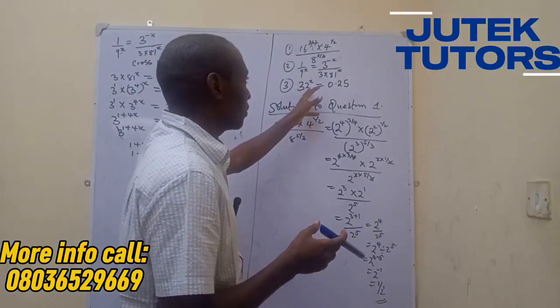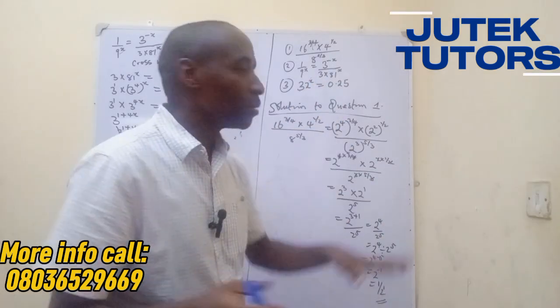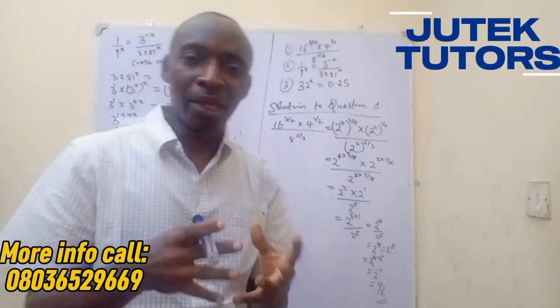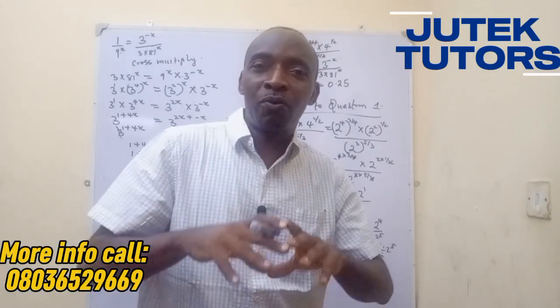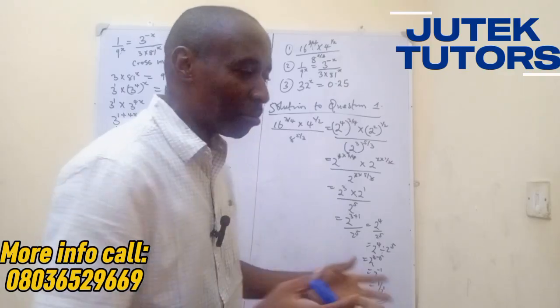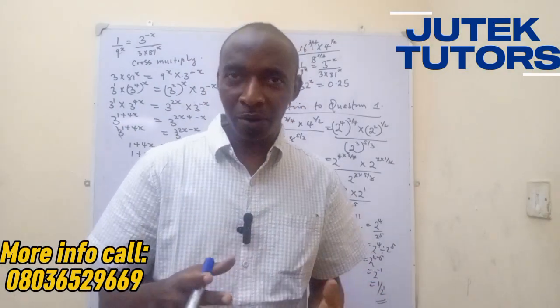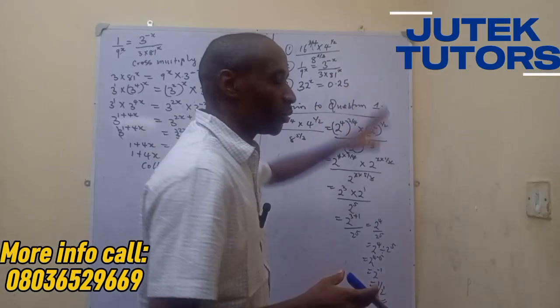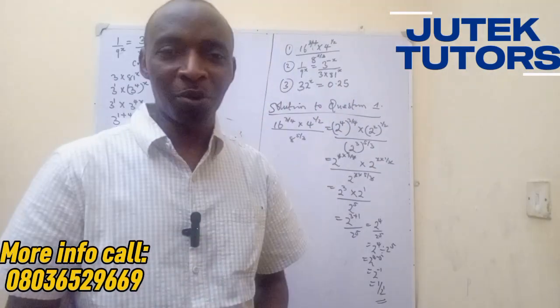We have 3x raised to the power x, 32 raised to the power x equals 0.25. The hint here is that you need to change this 0.25 to fractional form. I hope you still remember how to change decimal numbers to fractional form. So in this case, you will change 0.25 to fractional form, and you proceed from there.